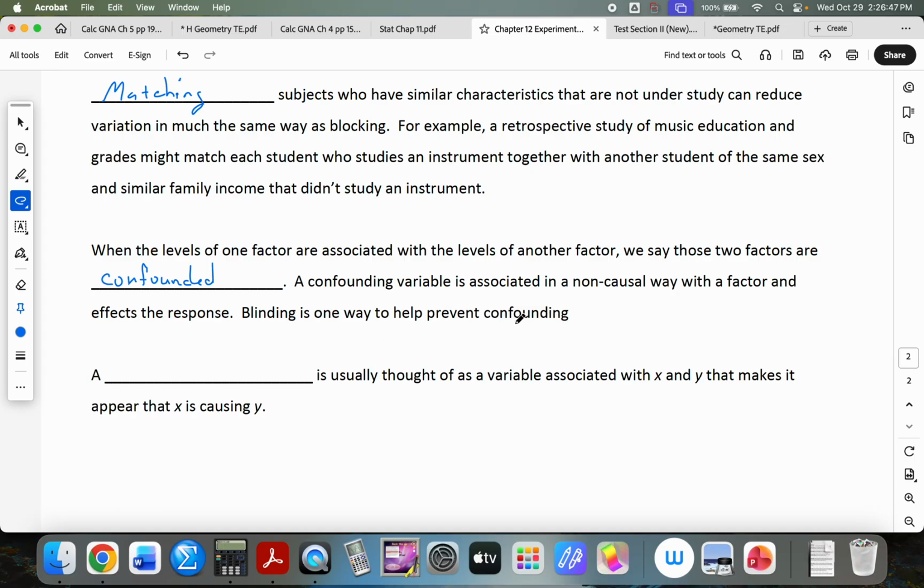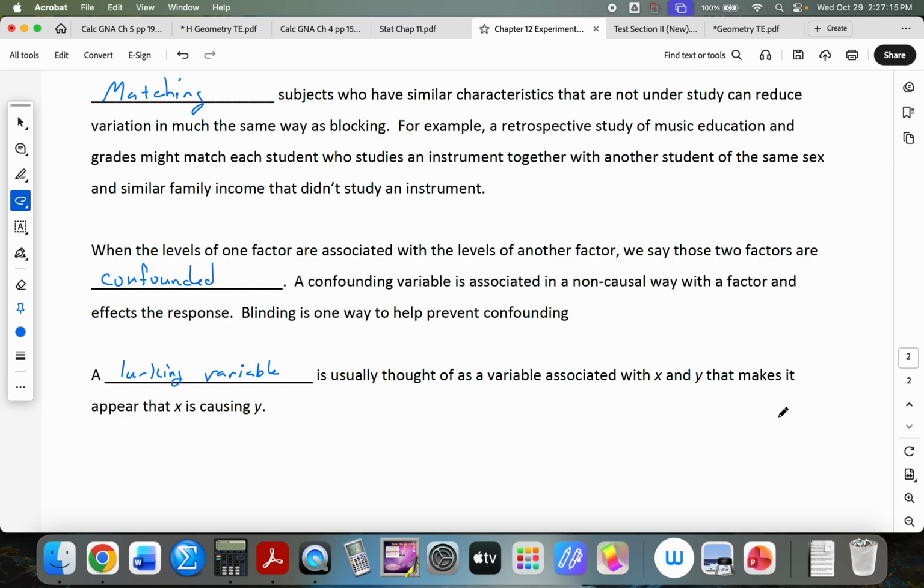Blinding is one way to help prevent confounding. And then, as opposed to a lurking variable, a lurking variable is usually thought of as a variable associated with both x and y, that makes it appear that x is causing y.